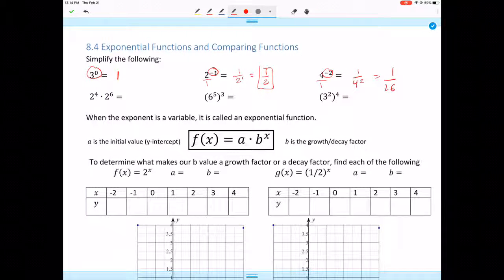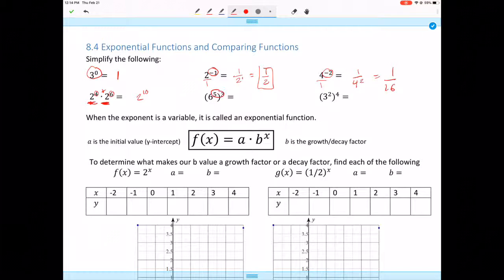Alright, and then just a quick review: when we have the same bases, the base is 2, and we are multiplying them, what do we do with their exponents? We add them. So that'd be 2 to the 10. We don't multiply the bases, they stay the same.